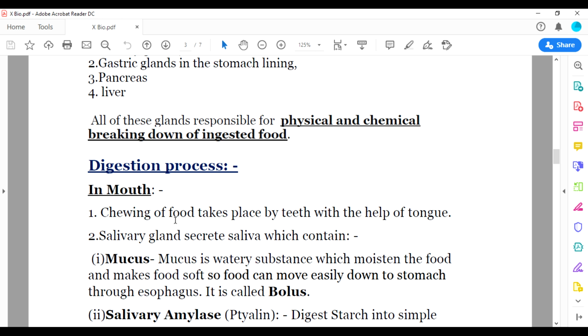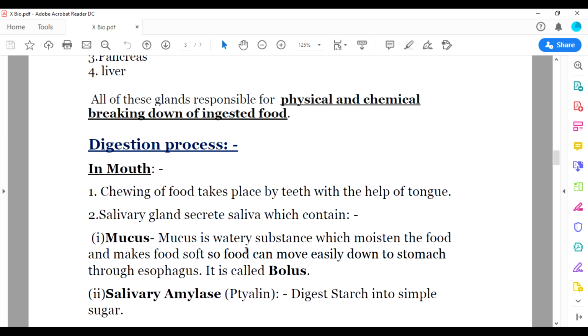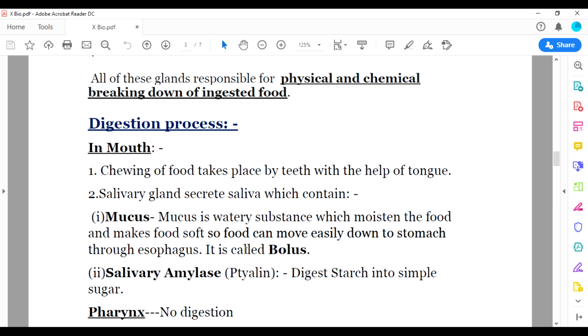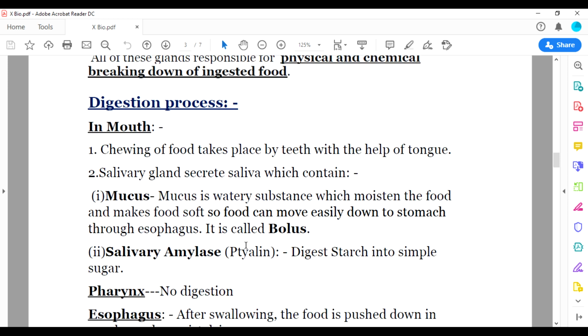Food is chewed by teeth, and in this process the tongue helps by rolling the food again and again. During chewing, the salivary glands secrete saliva in the mouth which mixes into the food. Saliva contains two substances, mucus and one enzyme, that is amylase.